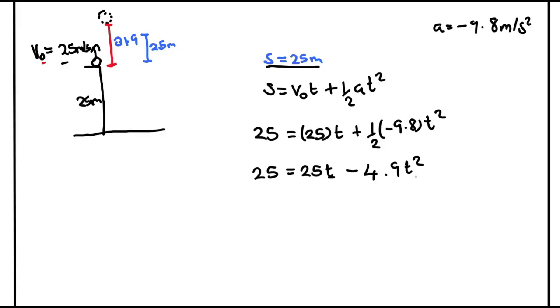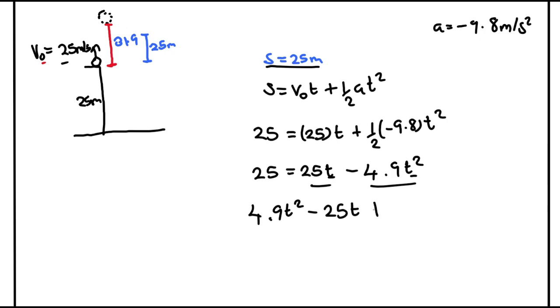Now, how do we get t? Since we have a power of 2 on t in this equation, we have to use the quadratic methods. So let's rearrange this so that on one side we have 0. We'll take this and this to the other side. This gives us 4.9 t squared, and when 25t is taken to the left, we'll have negative 25t.